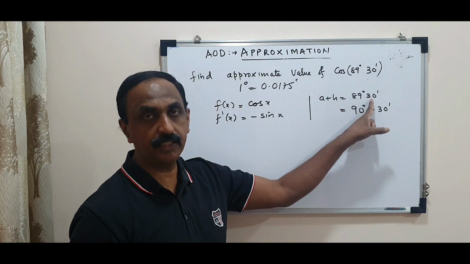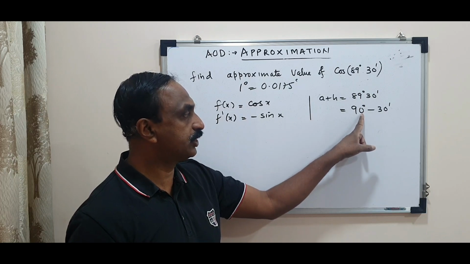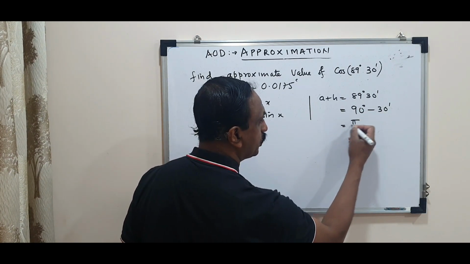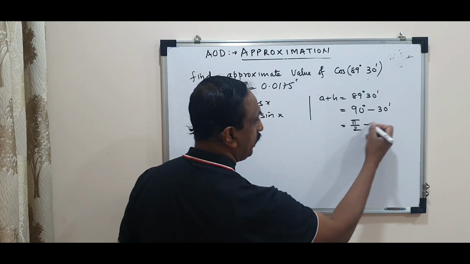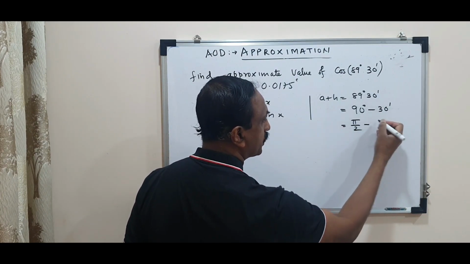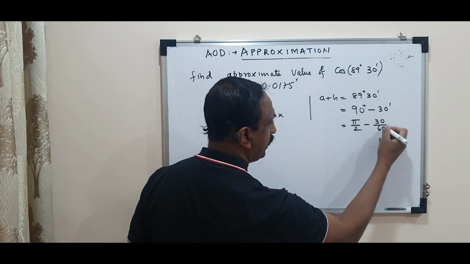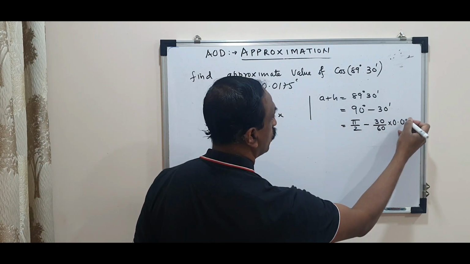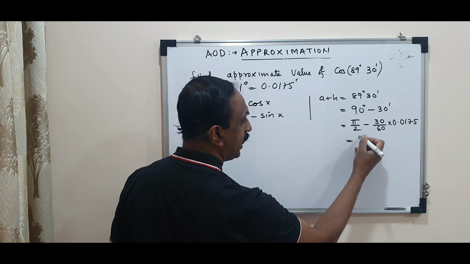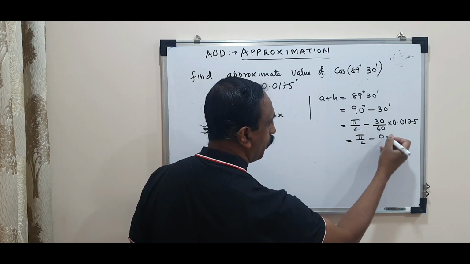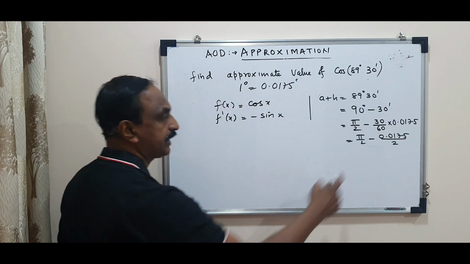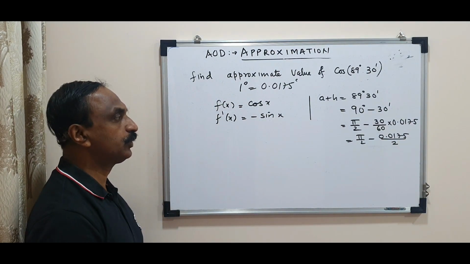Because 60 minutes makes 1 degree, that's why 90 degrees minus 30 minutes. 90 degrees is pi by 2. 30 minutes is converted to degrees first. So 30 by 60, now it is converted to degrees, then multiplied with 0.0175. So I can write pi by 2 minus 0.0175 divided by 2. We will keep it like that only. The calculation we will do last.